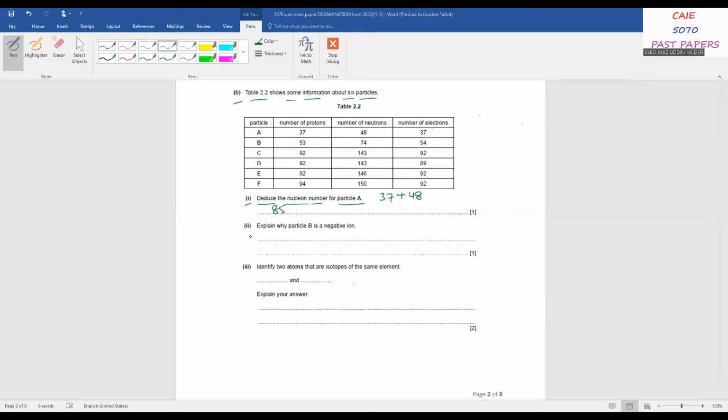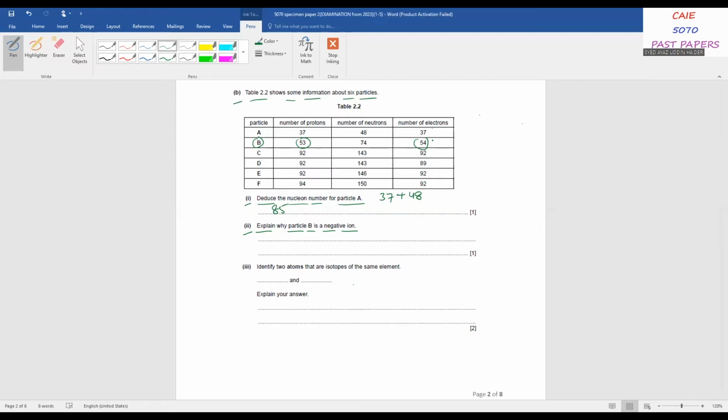Part 2, explain why particle B is a negative ion. Look at the number of protons and electrons for this particle B. If you look at this, 53 is the proton, 54 is the electron. So there's a difference between the number of electrons and protons.